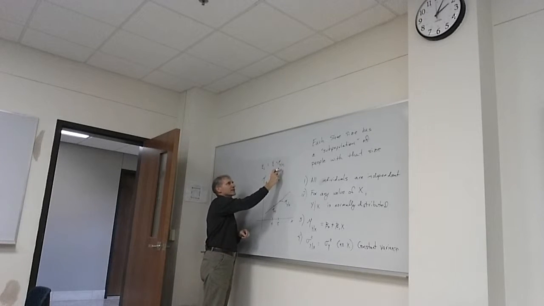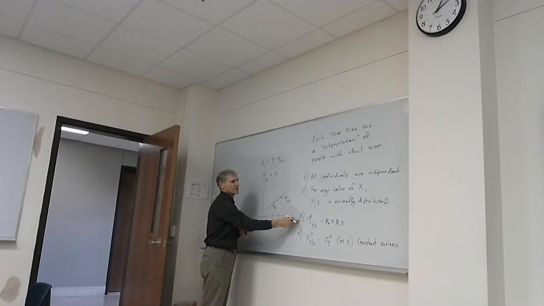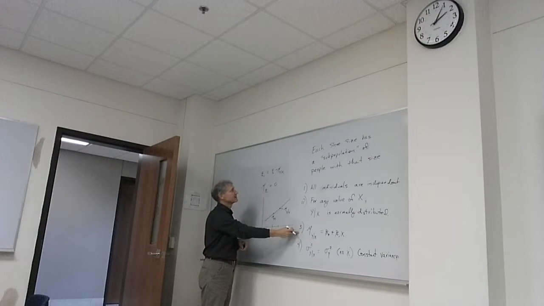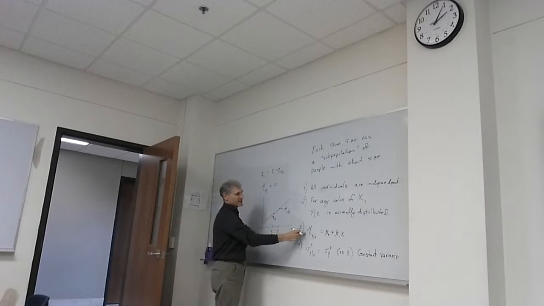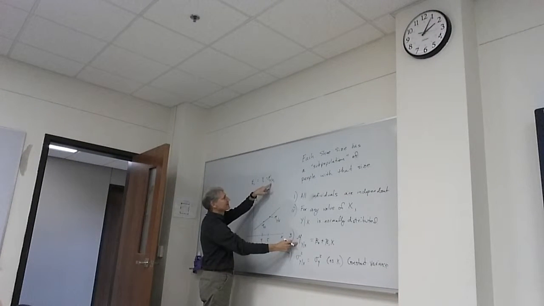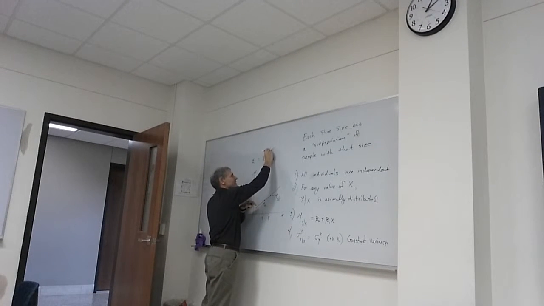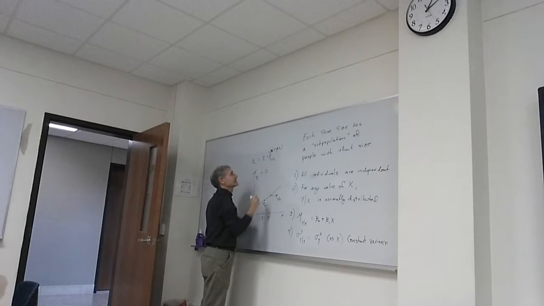So for the ith person, their residual is their actual y value minus the predicted y value from the line. So if this is true, then this is beta 0 plus beta 1 x i.